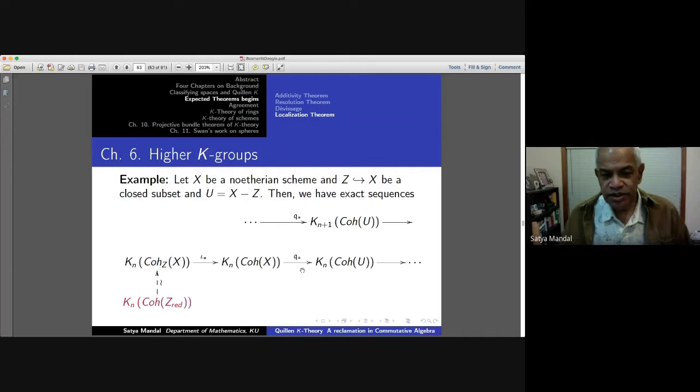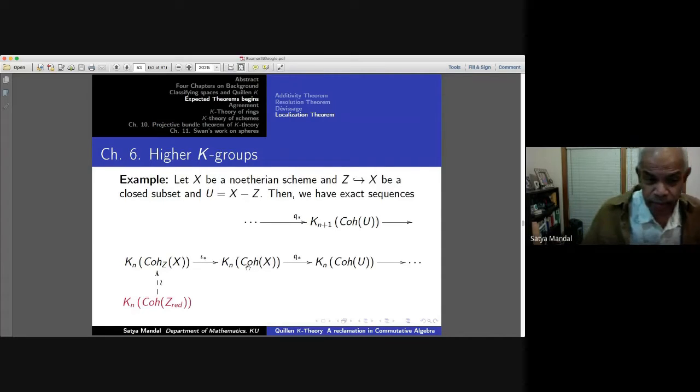Of course, this Q star is given by the restriction of the sheaf. If you have a coherent sheaf, you just restrict it to U. And this category is the category of coherent sheaves whose support is in Z, so this will be a subcategory of Coh(X).